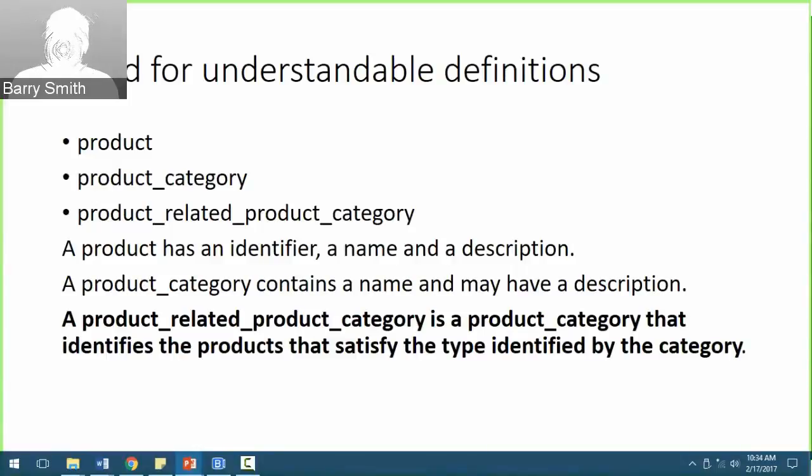NIST-related might mean near to Gaithersburg, or it might mean friendly with RAM 3RAM. It can mean anything. And so if you say product-related product category, you're not creating a term which serves ontological purposes.